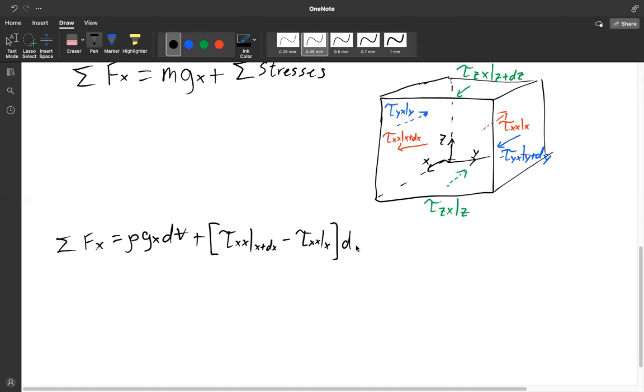So we want to multiply it by its area to get our force, so the area that these stresses are acting on is dy dz, plus tau yx at y plus dy minus tau yx at y, times dx dz.